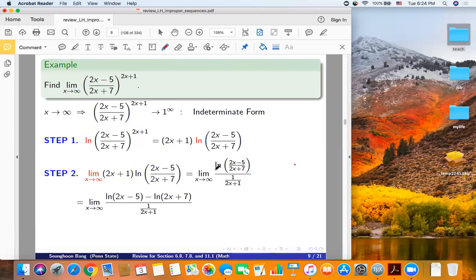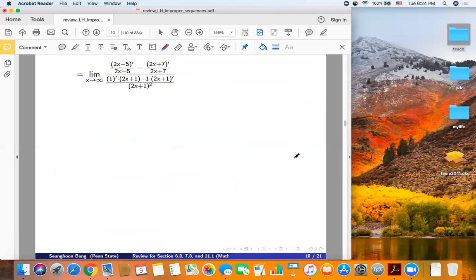Next, you have to split: ln of 2x minus 5 over 2x plus 7 becomes ln of 2x minus 5 minus ln of 2x plus 7. Next, we use L'Hopital's rule: the derivative of ln of 2x minus 5 minus ln of 2x plus 7, over the derivative of 1 over 2x plus 1.